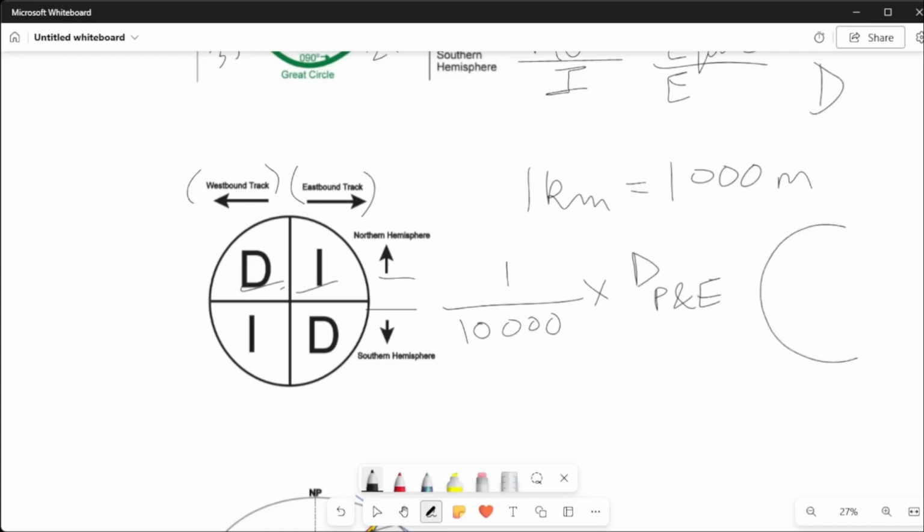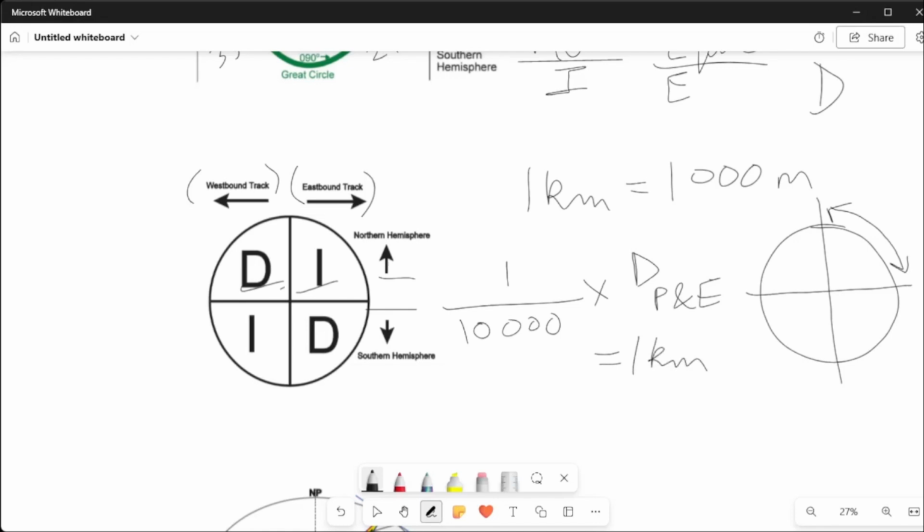So if this is the Earth, this is the equator, this is the line joining the poles, this distance divided by 10,000 will give us 1 kilometer.